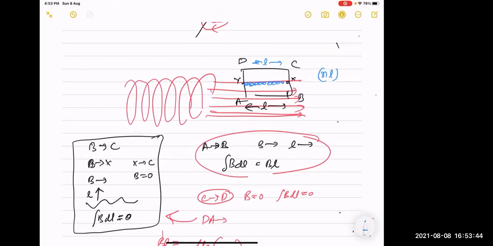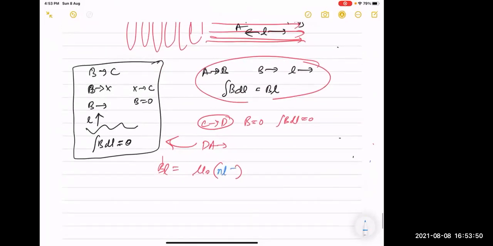And each has current I, so the net current is NLI. NL is the number of turns passing through this loop and I is the current in each.